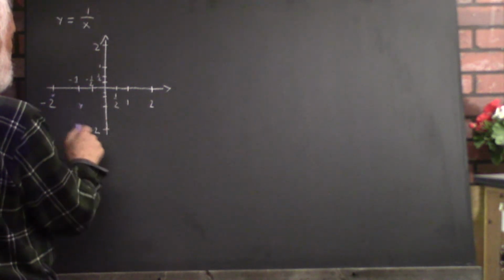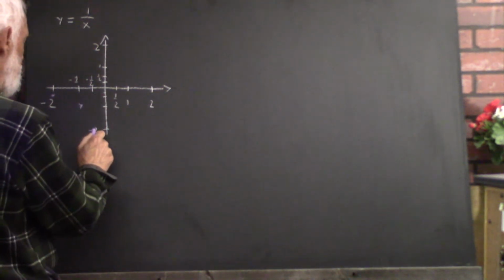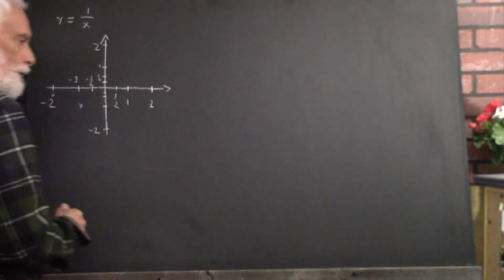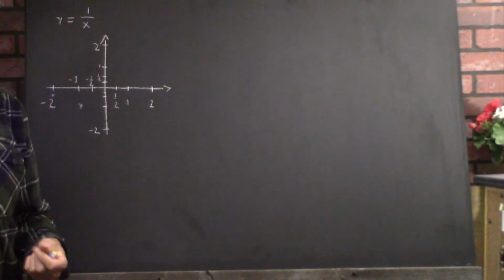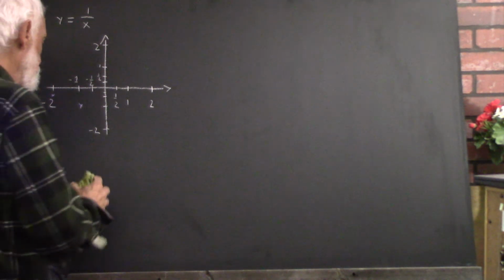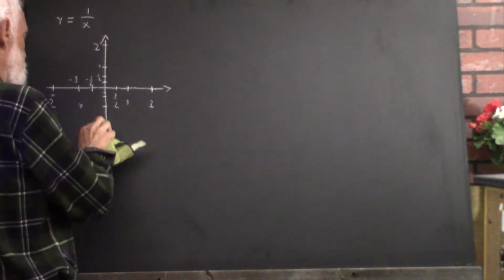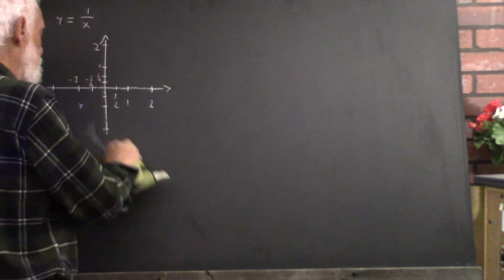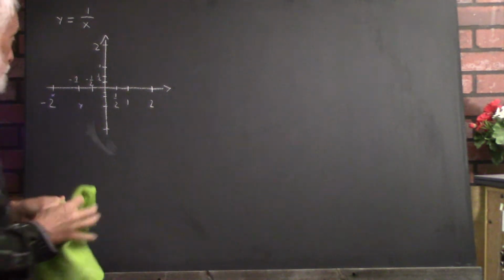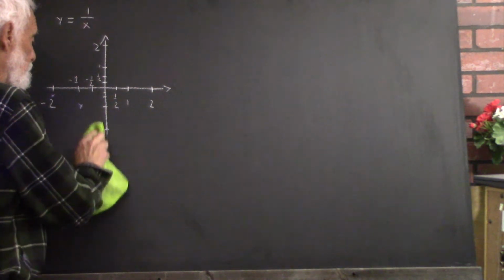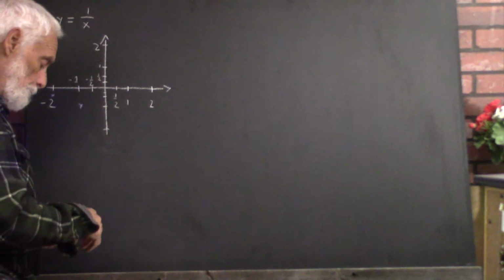So that's going to give us a point about here. And then -1/2, -2. And it's kind of unfortunate that I put the label -2 right where I want to make the point, so I could have anticipated that. I know better. Make a nice clean picture.